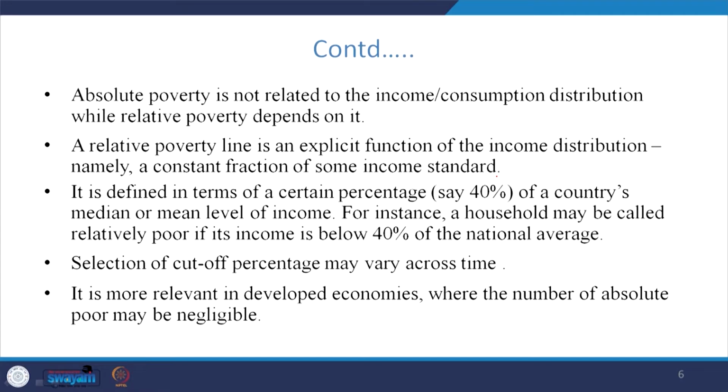Whether it is 40% or 30% is arbitrary, and it may change from country to country and from time to time. It is more relevant in developed economies where the number of absolute poor may be negligible.